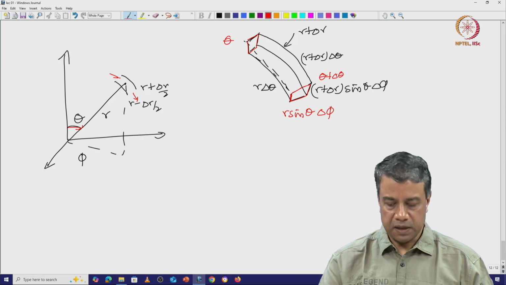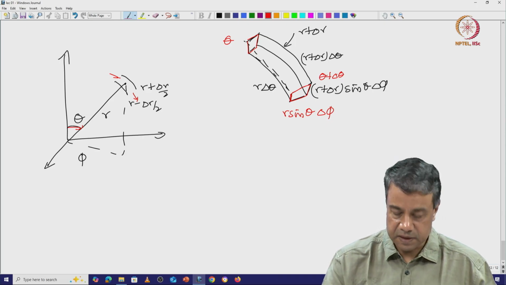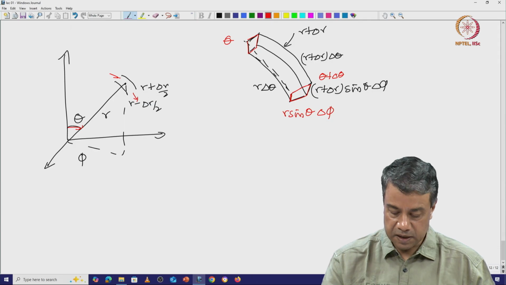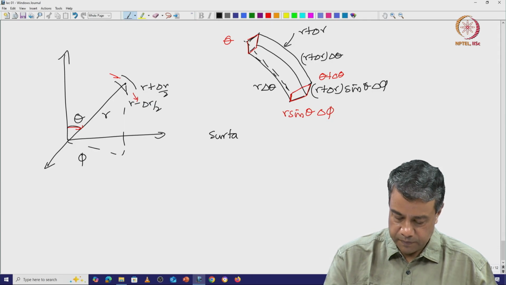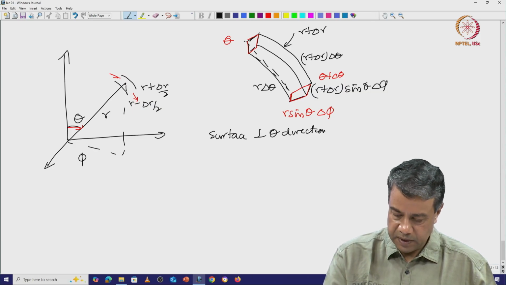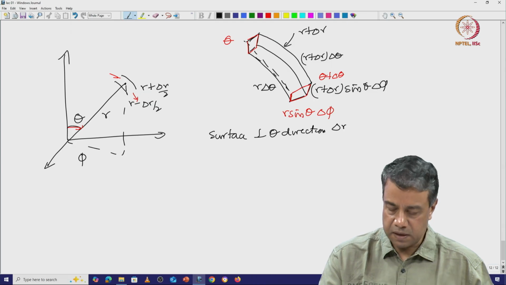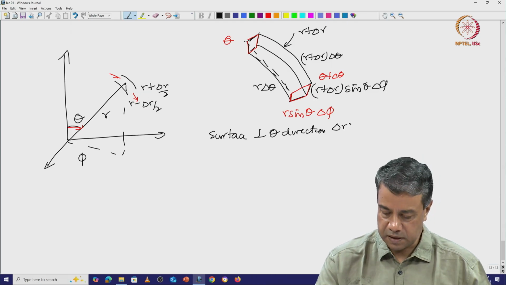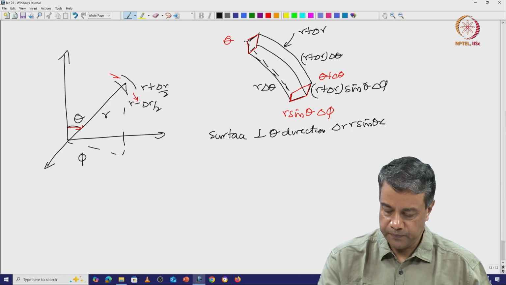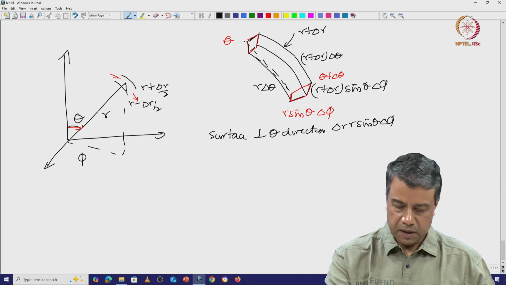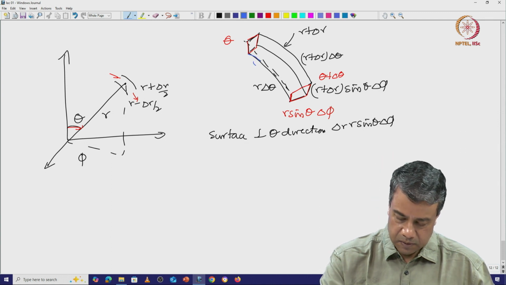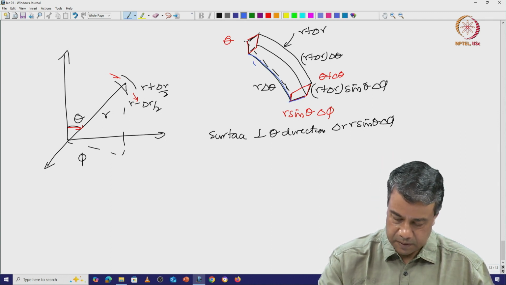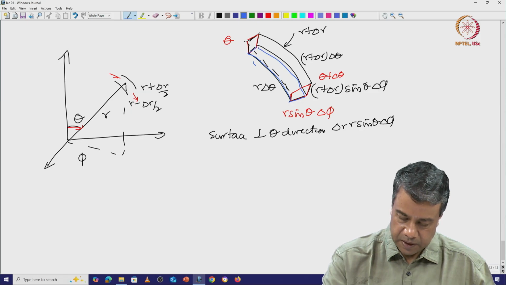And the surface area of these two surfaces is: displacement in the r direction is delta r, and the displacement in the phi direction is r sin theta delta phi. And then I have two surfaces perpendicular to the phi direction, and those will be these two surfaces here and this one.